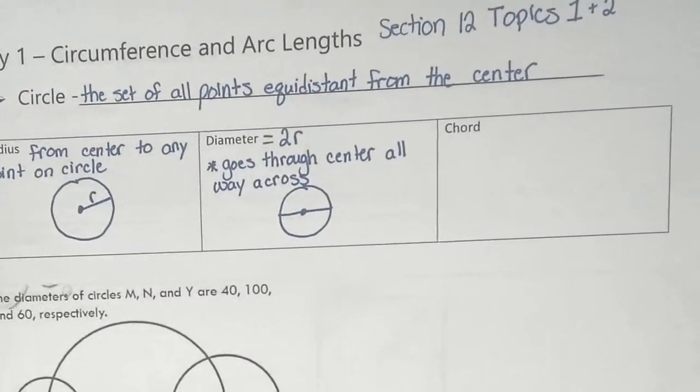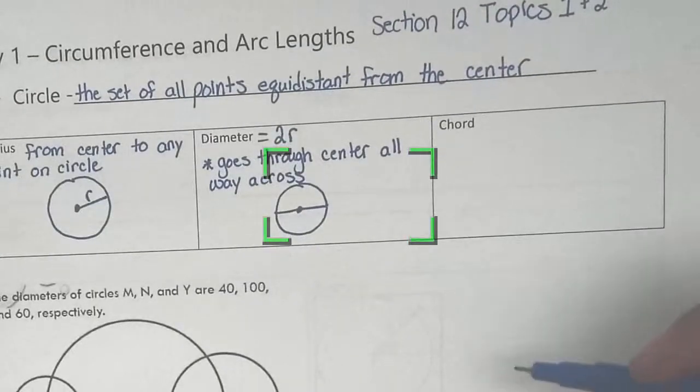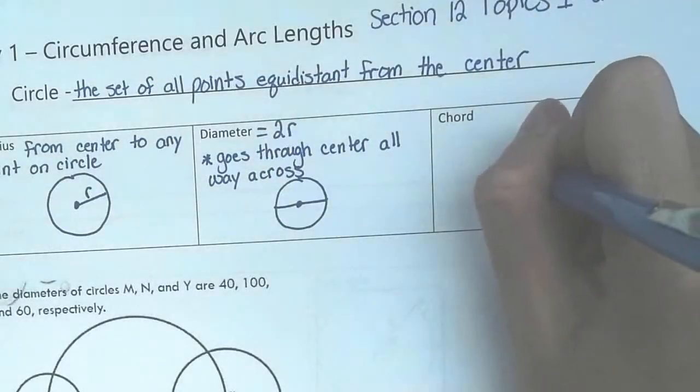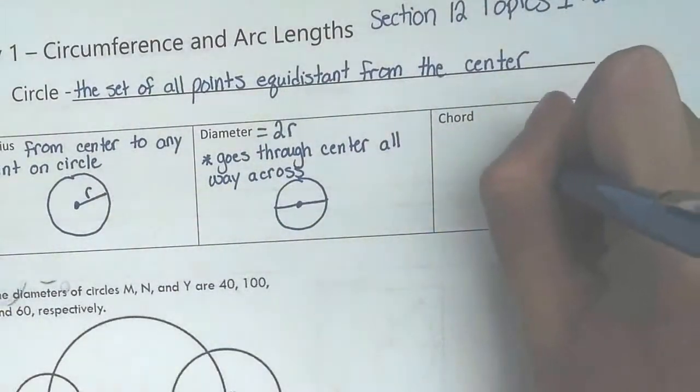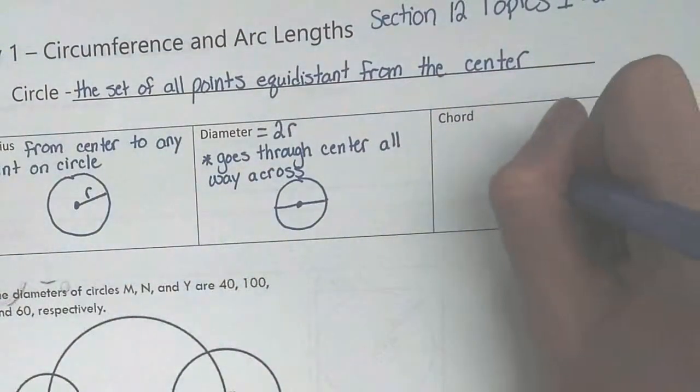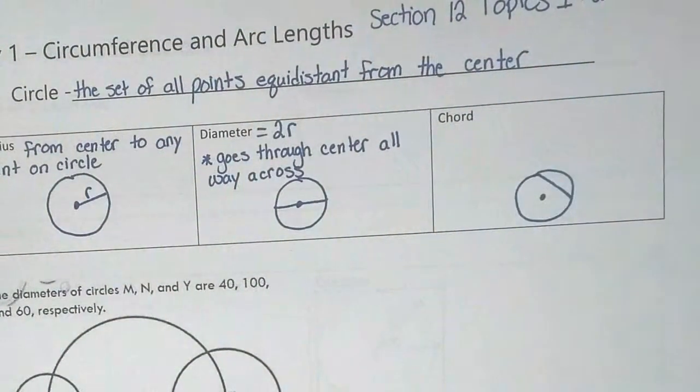And then a chord is kind of like the diameter, except it does not go through the center. So that could look like, this is the center of the circle. That would be a chord.